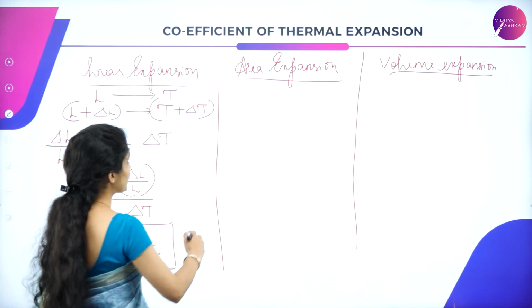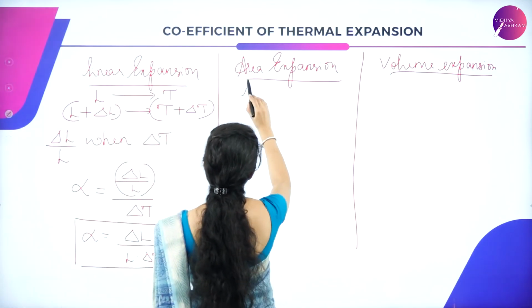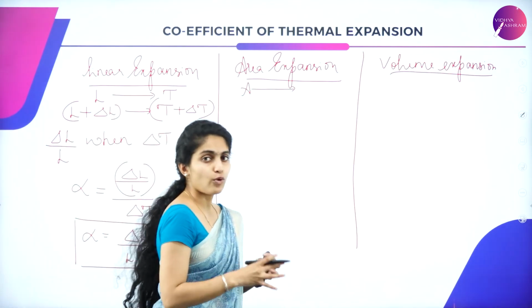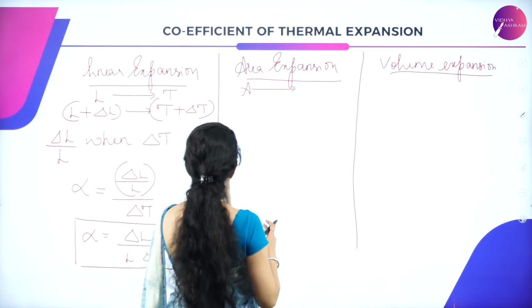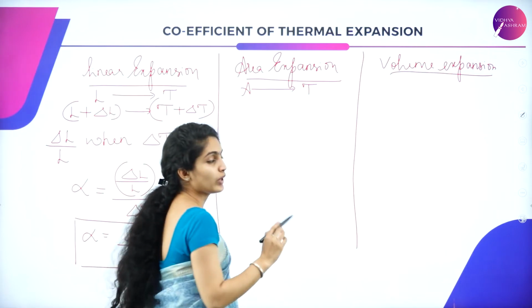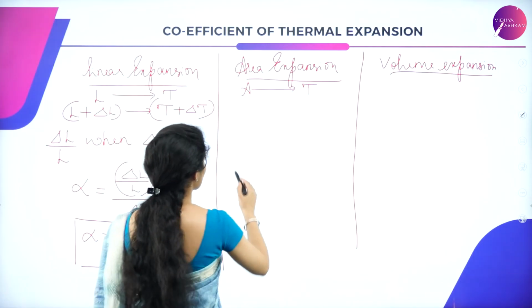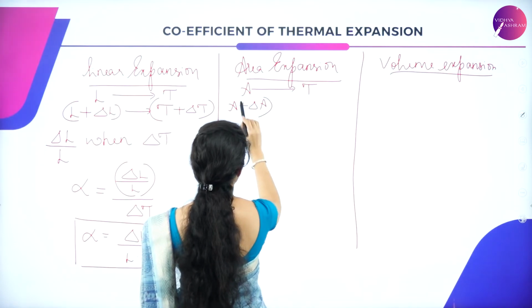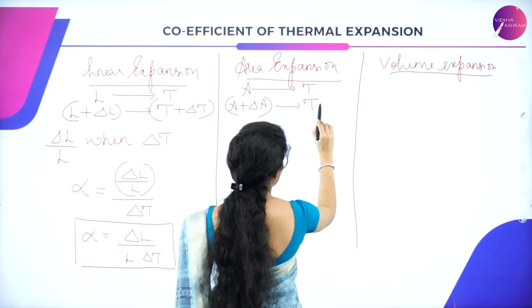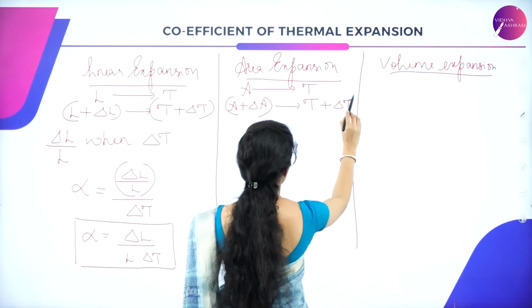Similar is applied to area expansion. There is area A before the object is subjected to heat, just A when the temperature is T. Next, when there is a change in area, you have A plus delta A for the change in temperature.